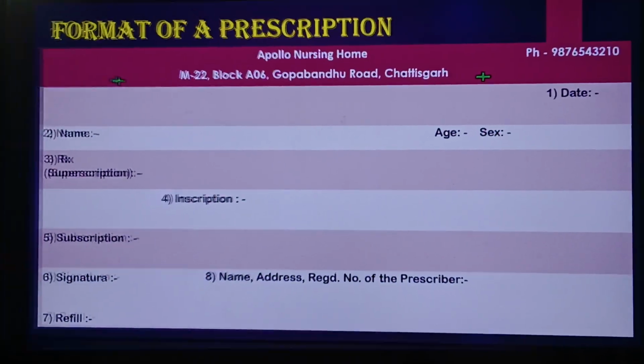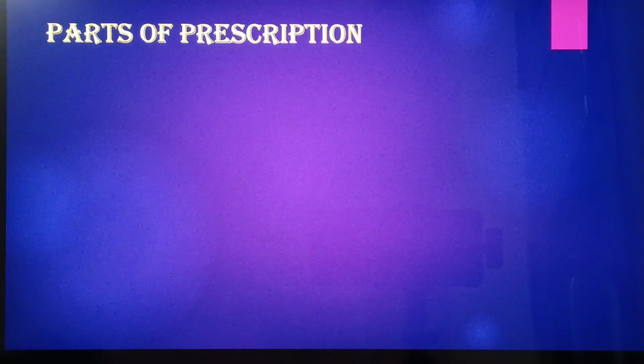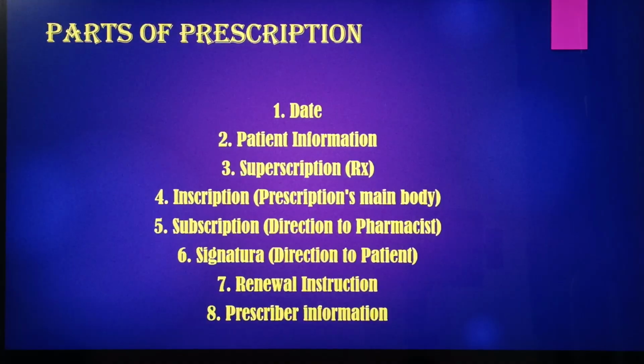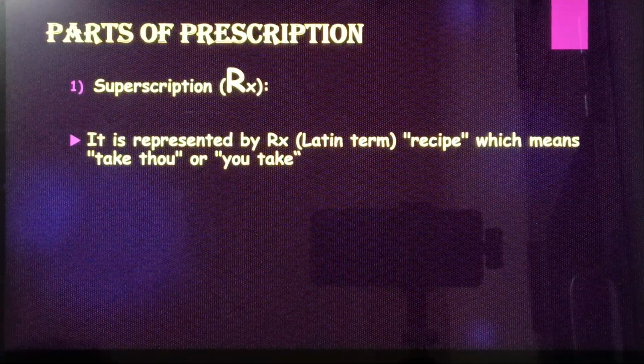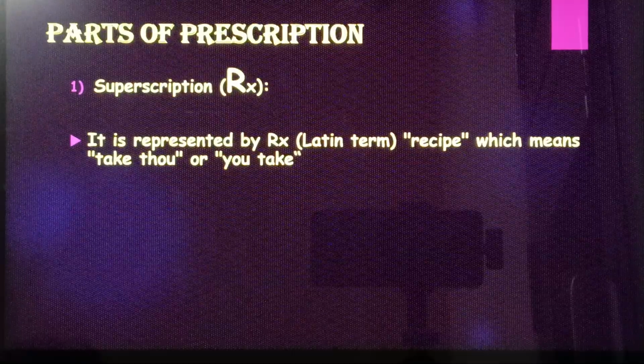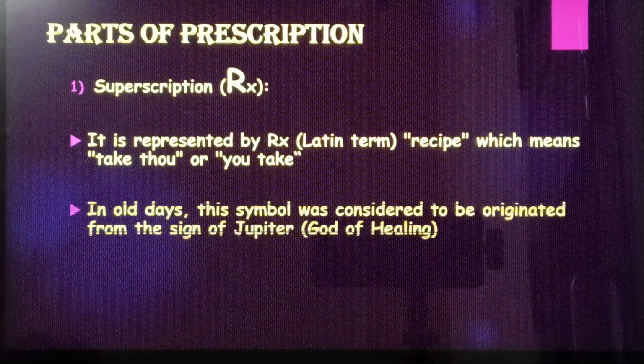Now we will discuss the parts of the prescription. Again, these are the parts of the prescription. We are starting with part number 3, the superscription or Rx. This term Rx is from the Latin term recipe, which means take thou, or you take.